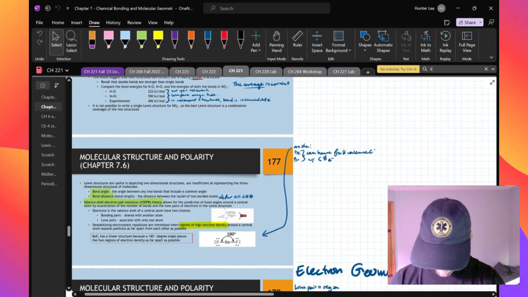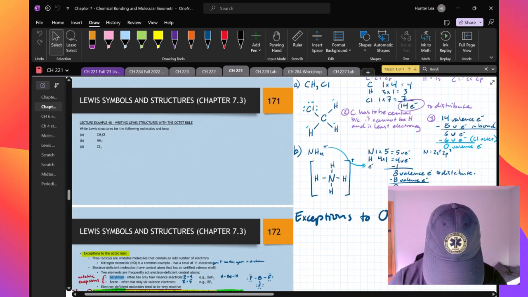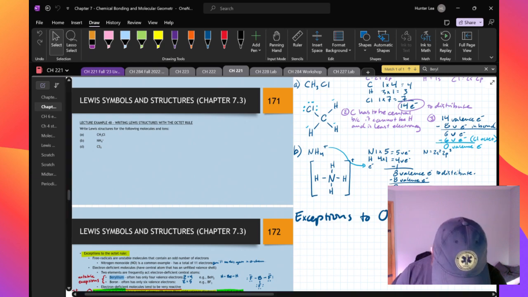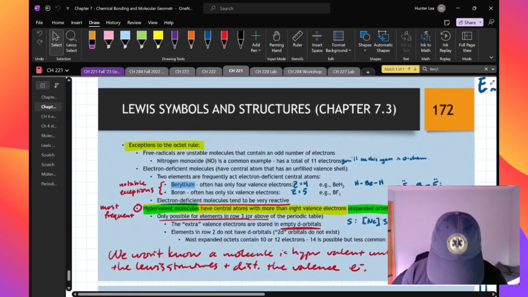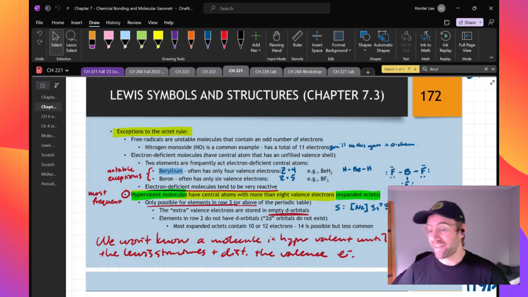Beryllium often has only 4 valence electrons. Beryllium is a notable exception. This is kind of satisfying to me. I could not have remembered that without checking my notes, and I'm really glad we did.